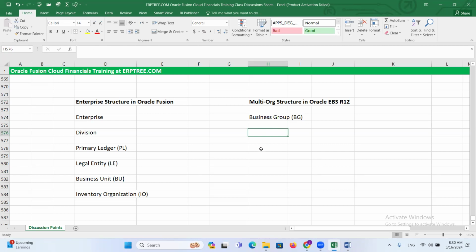We don't have any division, so directly you find the primary ledger, PL. Under the primary ledger, as per EBS, we have the legal entity. And what we call a business unit in Fusion applications, we call the operating unit in EBS.